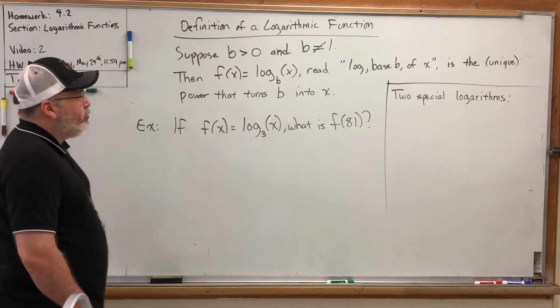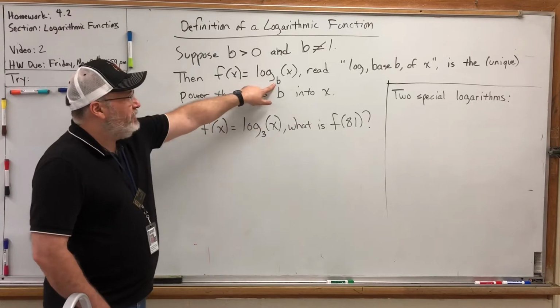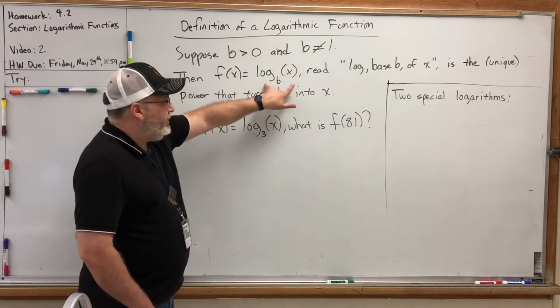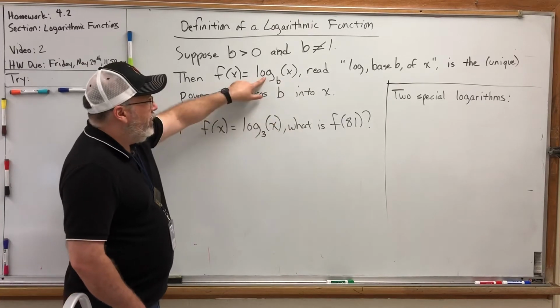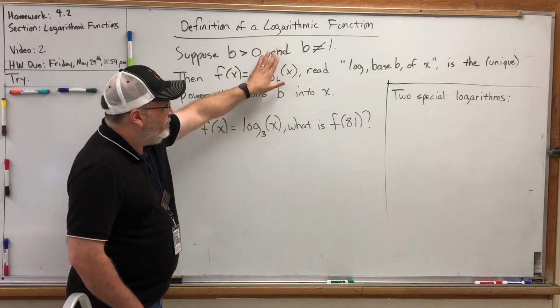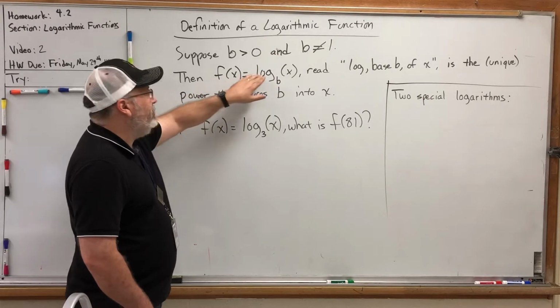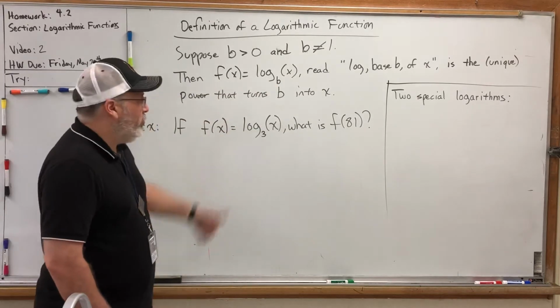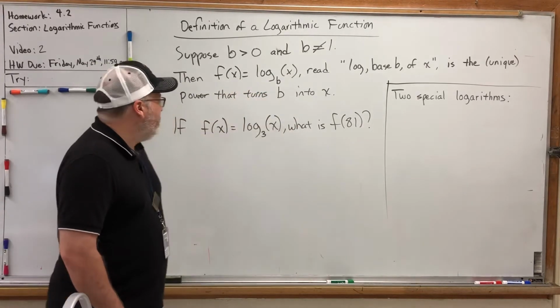So we have the same restrictions here. This number is positive, but it's not equal to 1. Then f of x equals this, which is read log base b of x. Remember, it's a function. F of x, log of x. But we have to announce the base in between. So log base b of x.